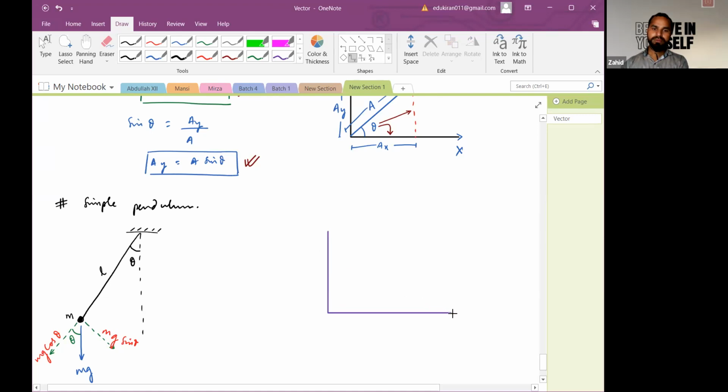I'm defining one more term for you, which is called the wedge problem. Let's say there is an inclined path on which there is a block having mass m.